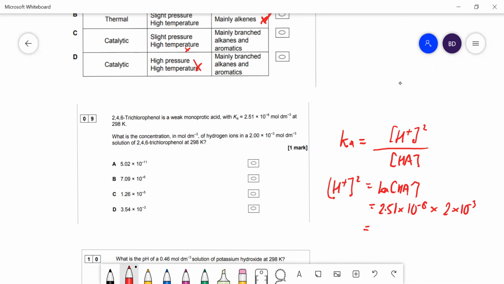Right, that is going to give us 5.02 times 10 to the 9, square root it to get the hydrogen ion concentration. Minus 9, sorry. Hang on a minute.